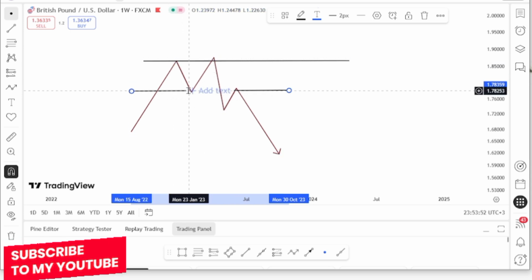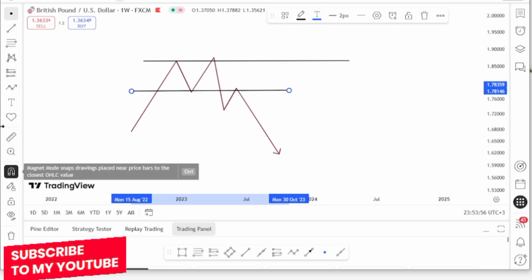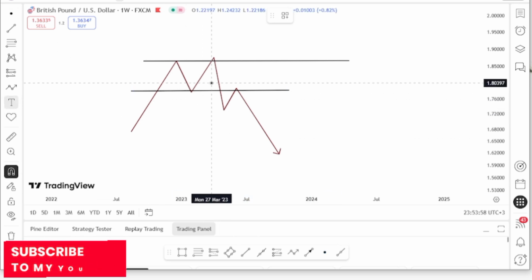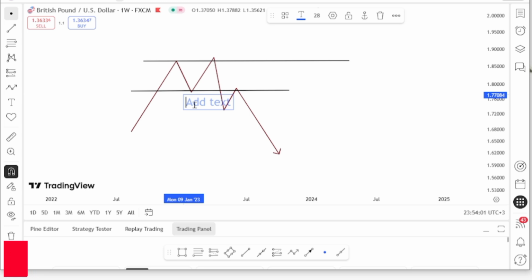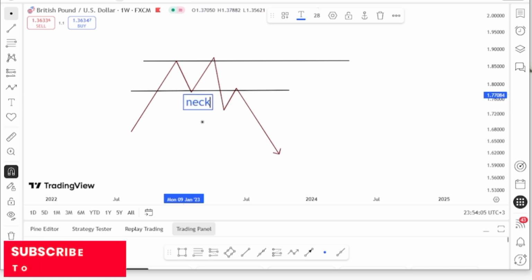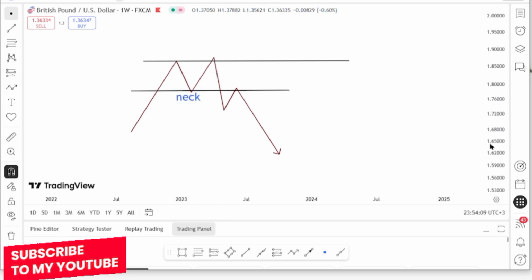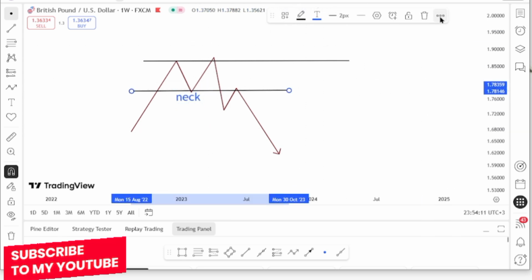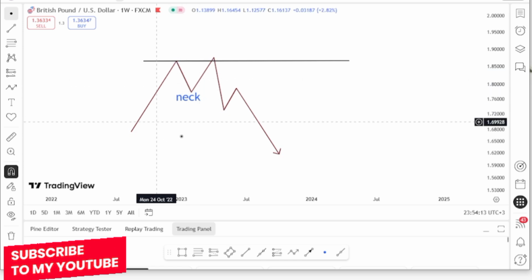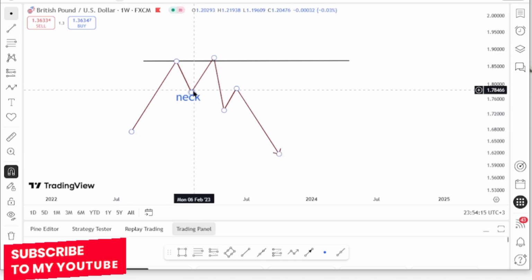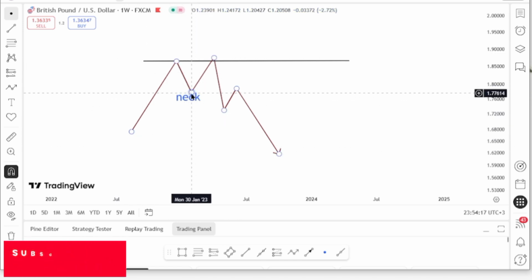Then it comes again to break our neck. Let's call this our neckline. When the market comes up to this point, this acts as our neckline.